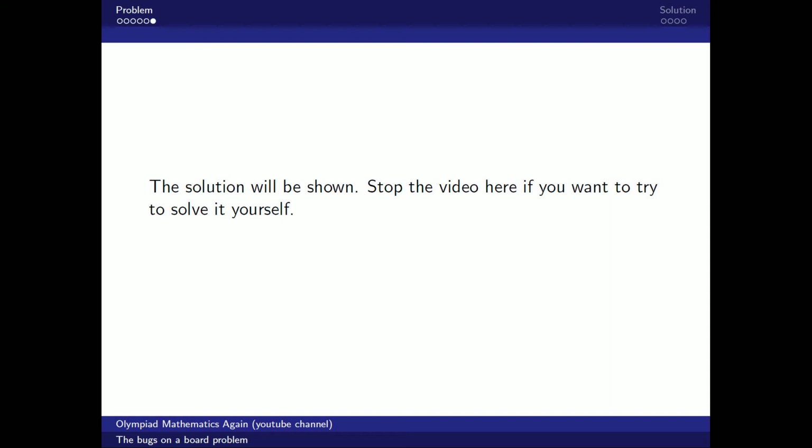If you don't know this problem and you want to try to solve it on your own, then this is the place where you should stop the video and return to it later if you want to know the solution. Okay, so now let's go into the solution of this problem.